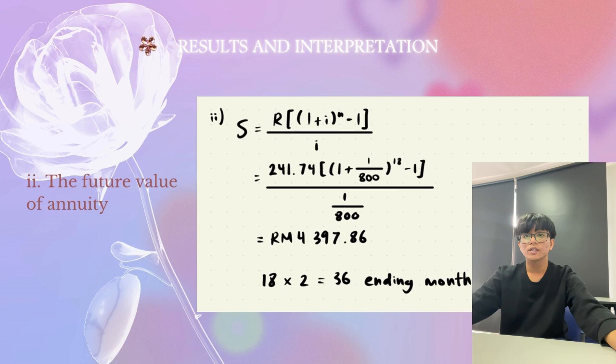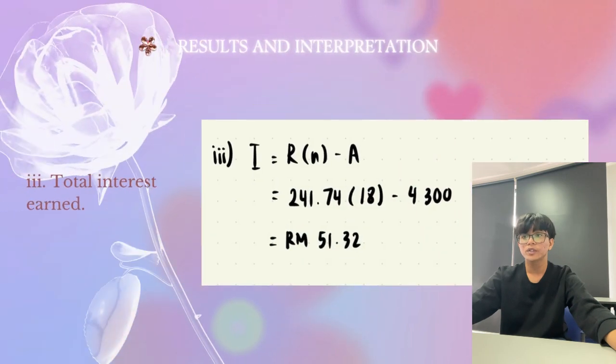We use the same n and same I. N is 18 and I is 1 per 800. And we get RM4,397.86. Let's go to question 3.